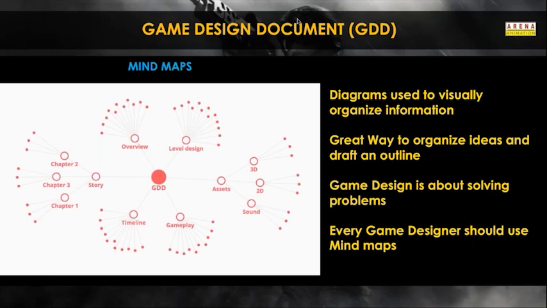Very important in terms of what a mind map is all about. We'll discuss what a mind map is. So let me summarize the characteristics of a good game design document.